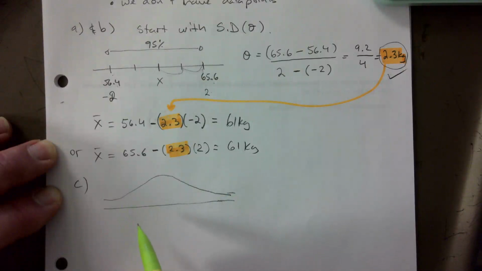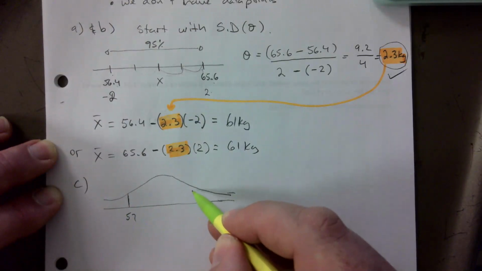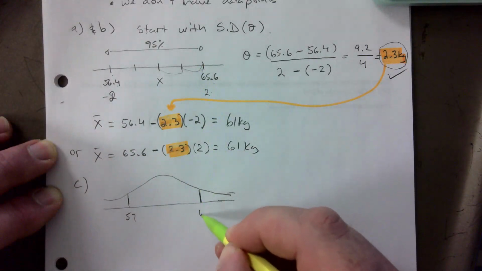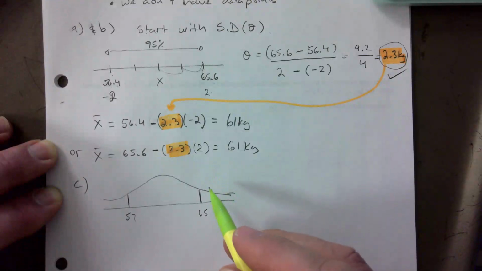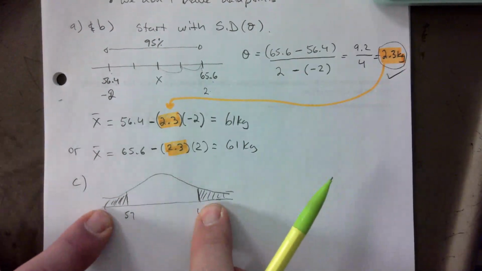There's two normal CDFs or one normal CDF, whichever one you would like to do. Yes, so 57 would be somewhere in here, and 65 would be somewhere on the upper end here. So they want this, more than this or less than 57. This is what we want.